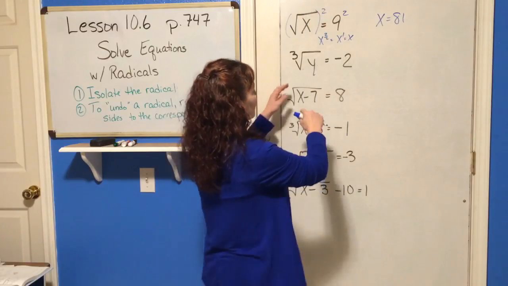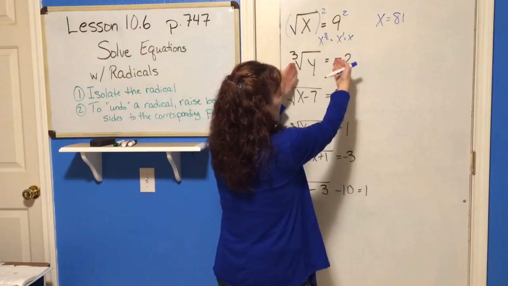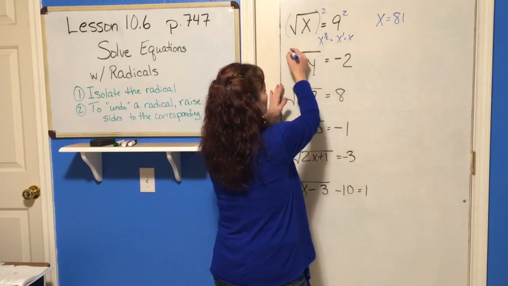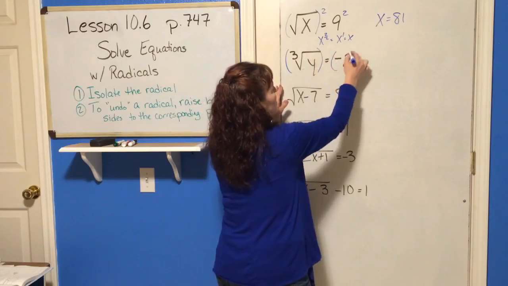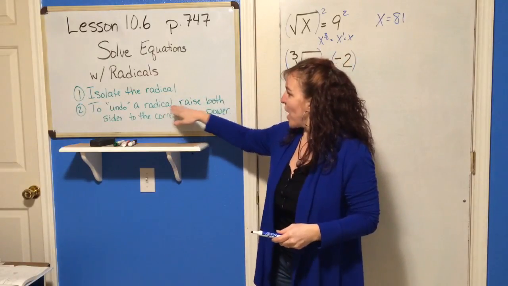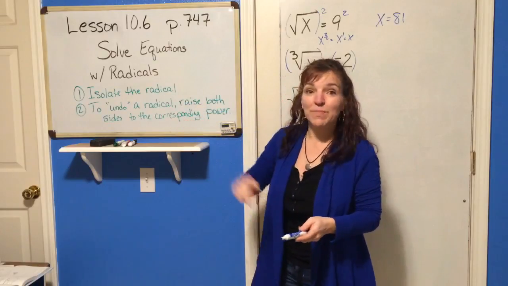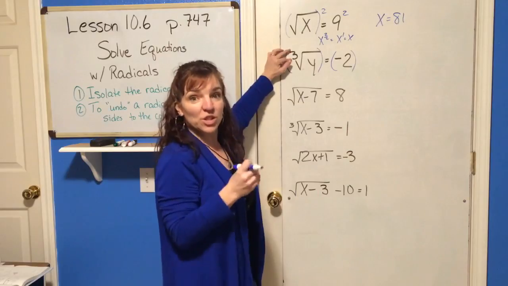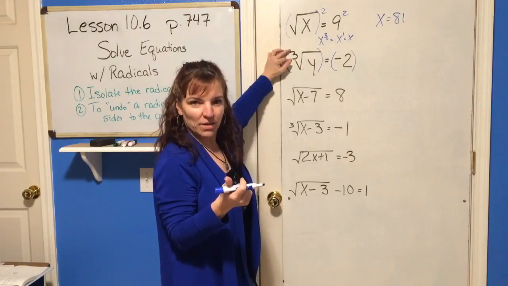Keep moving. All right. This one is also, the radical is already isolated, and so we're going to do the same thing to both sides. In this case, we're going to undo the radical by raising both sides to the corresponding power. The root is 3, so the power needs to be 3, okay?